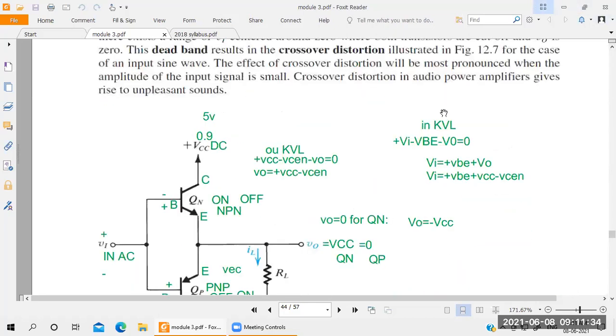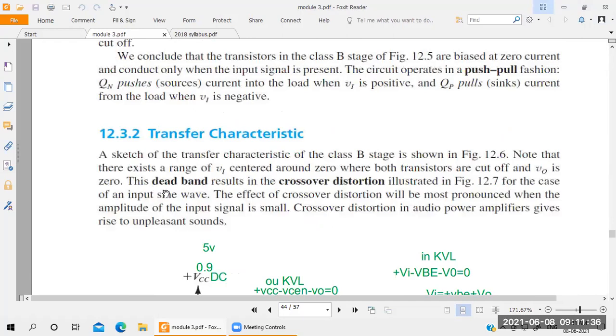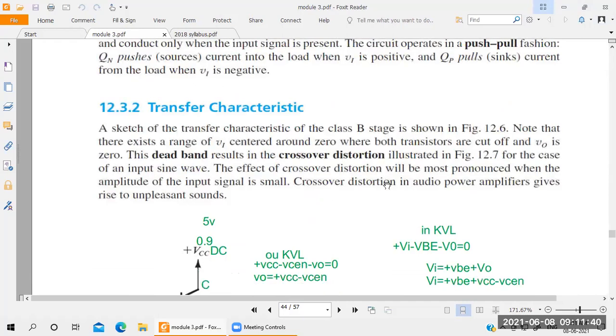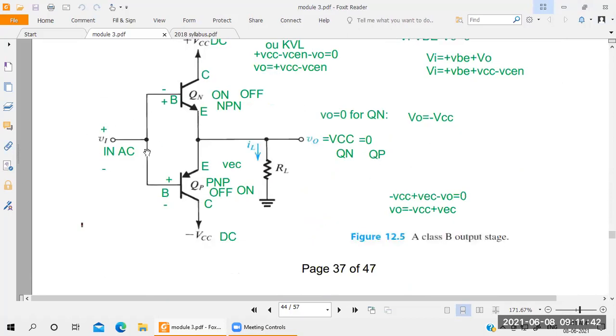Understood? See here, there is a dead band that results in crossover distortion. The input is a full cycle, meaning a positive and negative cycle. When there is a positive, NPN will be on. After that, you apply the negative, then PNP becomes on. So first NPN will be on, after that PNP will be on.